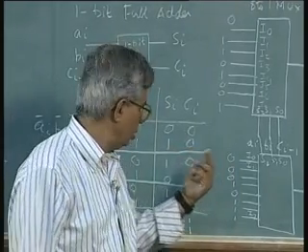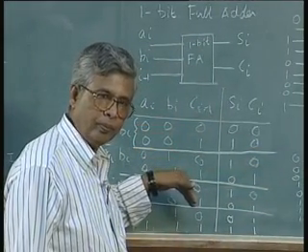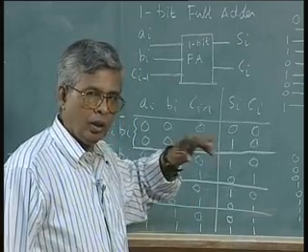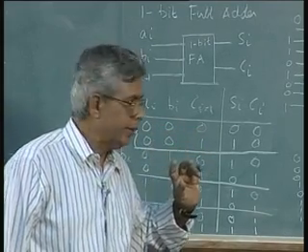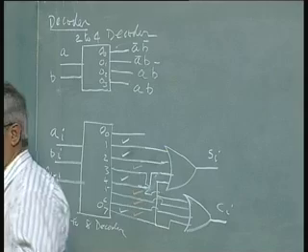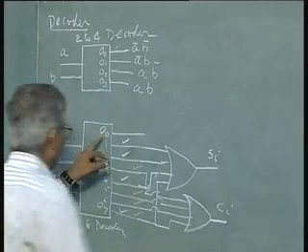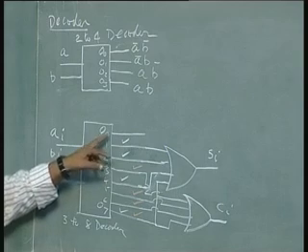implemented as given in this truth table. There is one catch though. The catch is decoders generally do not come with active high outputs. In commercial decoders, the outputs are selected based on the input combination, but will not get a high.